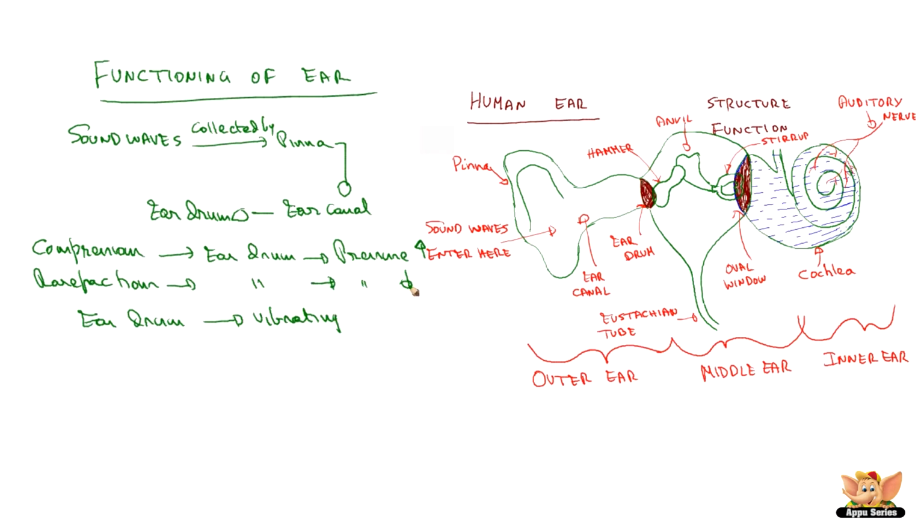So when it is vibrating, it will go and hit the hammer, the first tiny bone of the 3 tiny ear bones in the middle ear. So the eardrum vibrates and it strikes the hammer.